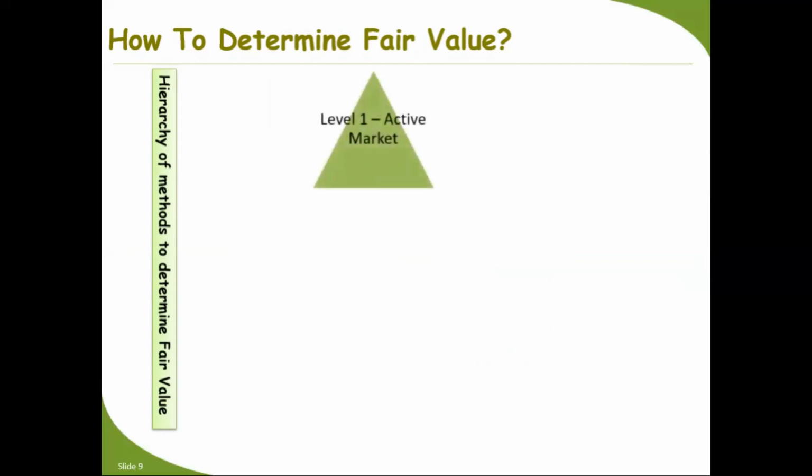So level 1, when you have an active market, that is the best level to determine the fair value, the most suitable method. Then when you don't have an active market for that particular asset, in that case, if you have, you can determine the price from the market for an asset which is similar but not identical. That will be considered a level 2 price.